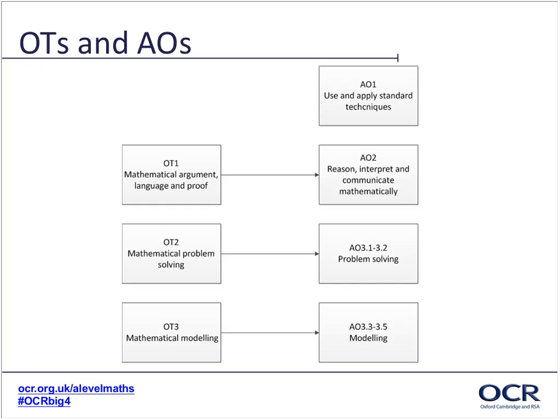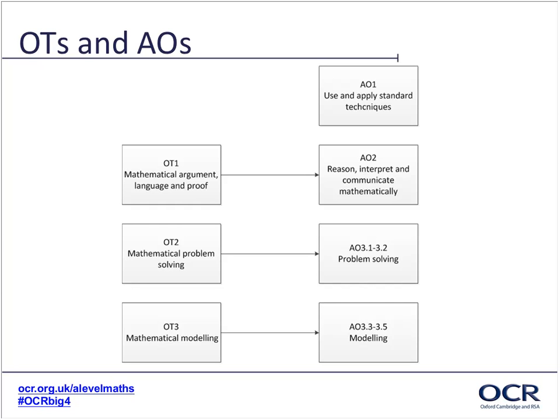So here is how the overarching themes and assessment objectives match up. I want to draw on this because it's the overarching themes that you ought to be thinking about in terms of teaching and learning. The overarching themes come with the content from the A-Level Content Advisory Board and from the Department for Education. This is the criteria about what goes on in the classroom.